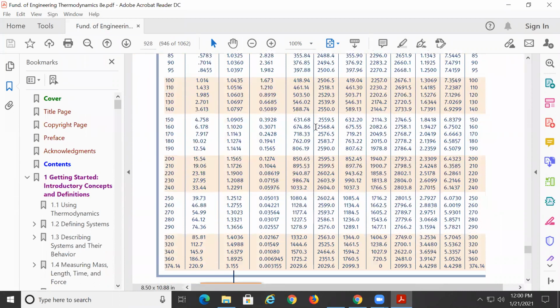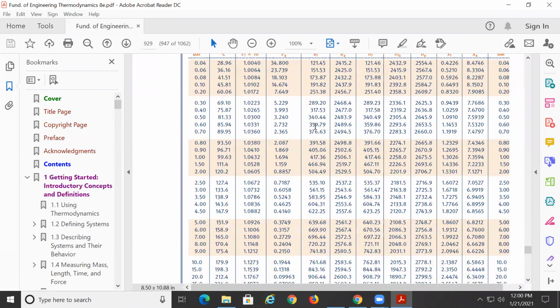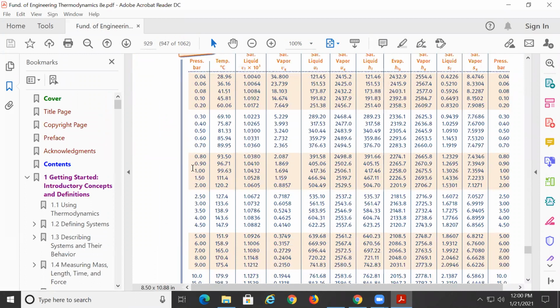No, okay, bad luck. So maybe, okay, here you see what would be at 1 bar, what is more or less the boiling temperature: it is 99.63, so basically 100 degrees Celsius. What would it be at 1.5 bars? It is 111.4. What would it be at 2 bars? 120.2, no?